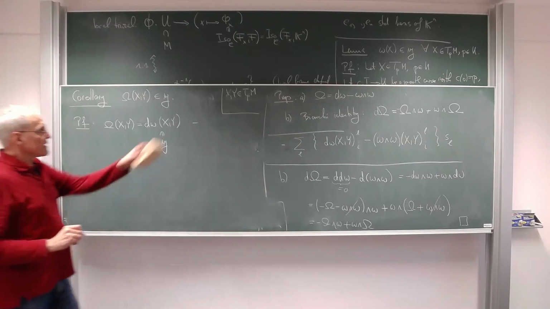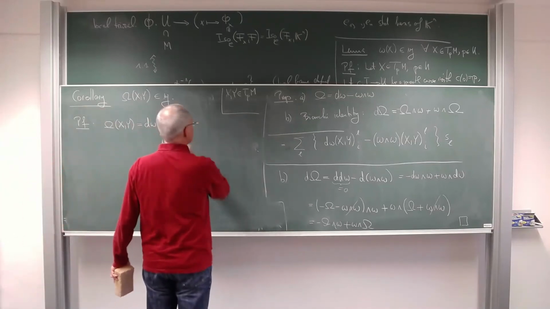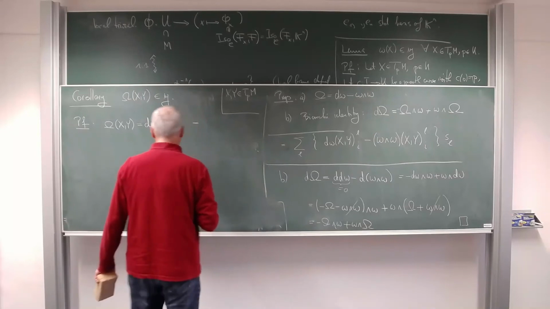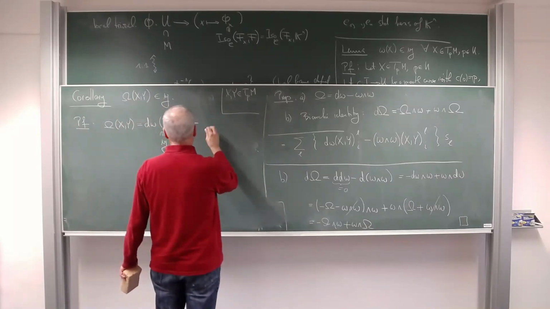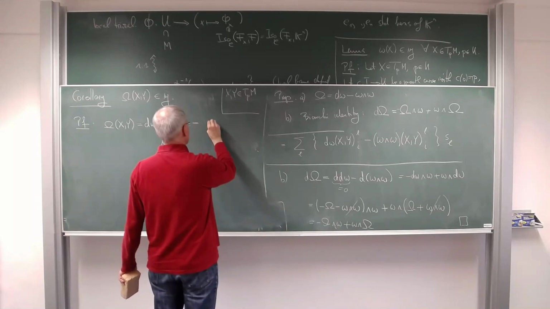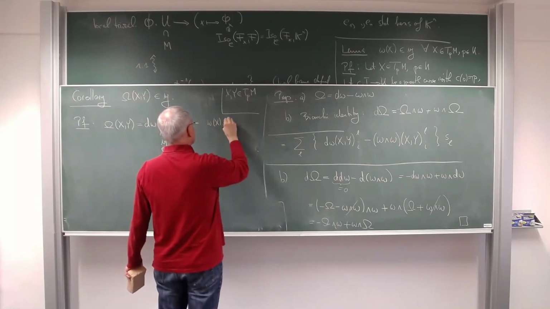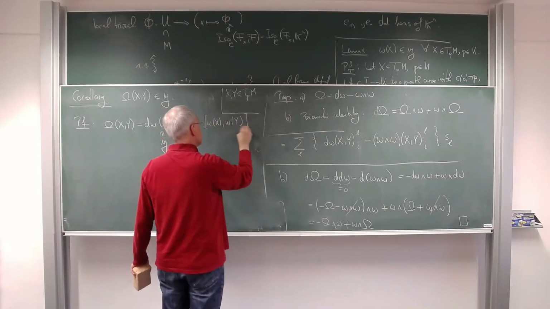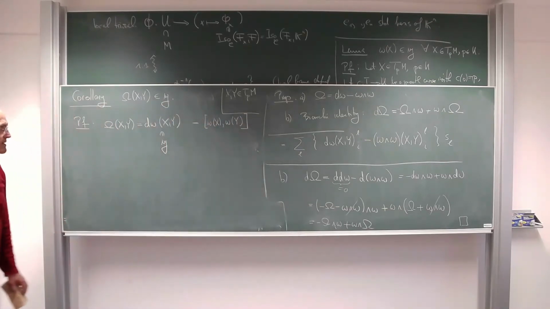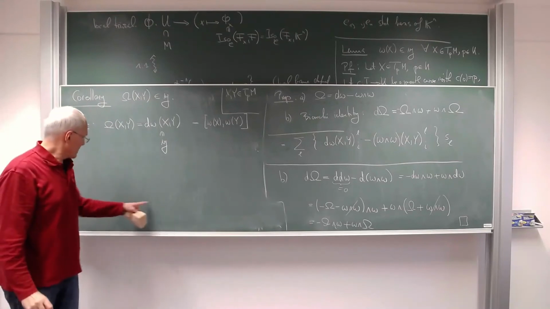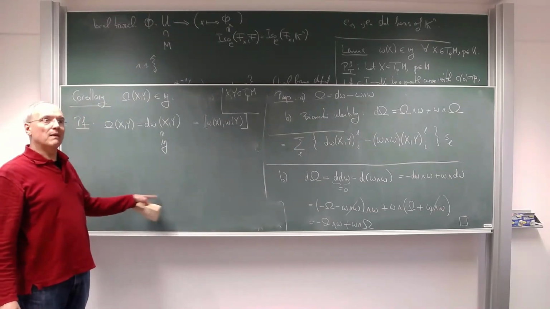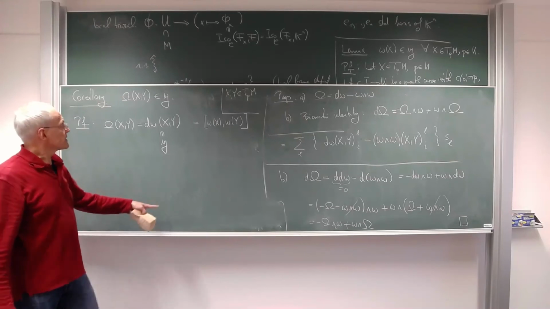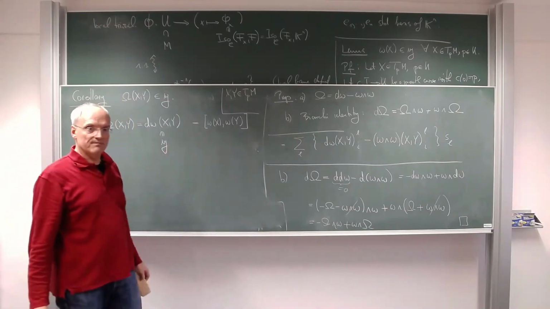And how about the other term? Well, the other term I could also write as the Lie bracket of omega x with omega y. Unfortunately, I erased the formula. I had this formula that you have omega of x times omega of y minus the other way around. So that's this Lie bracket.